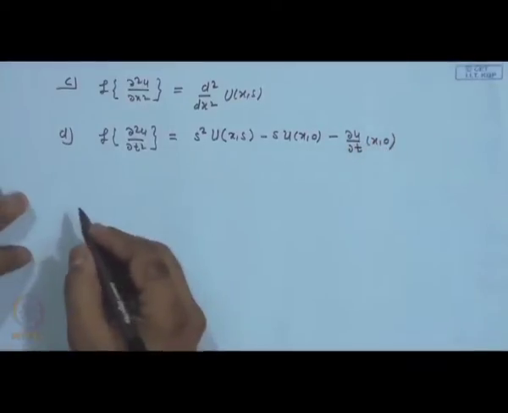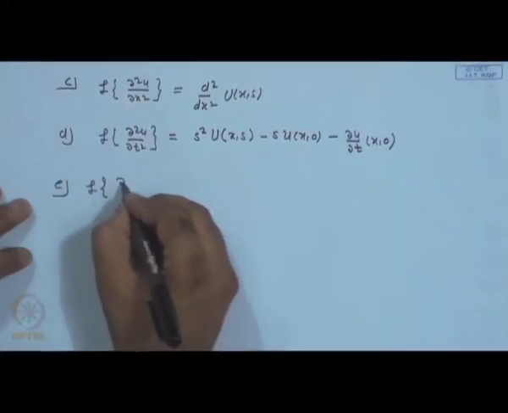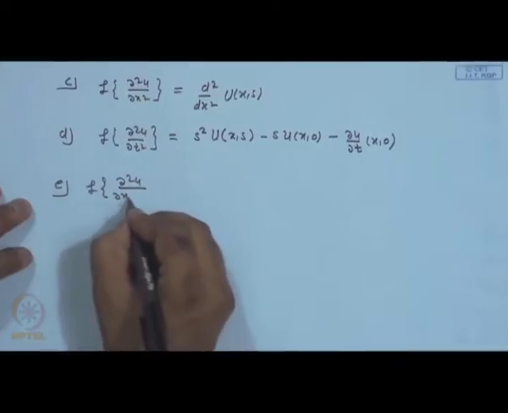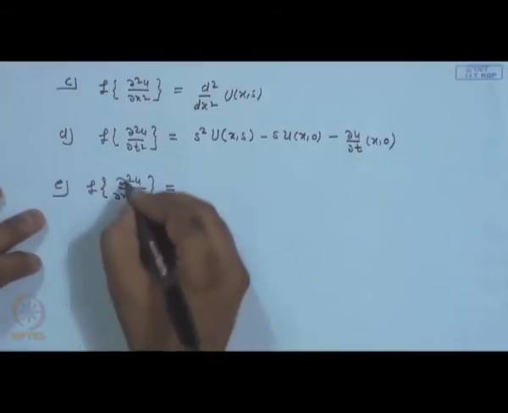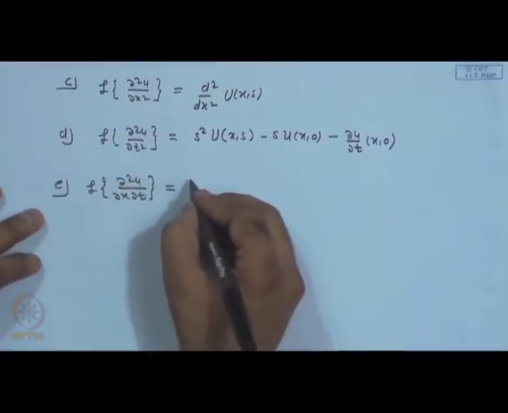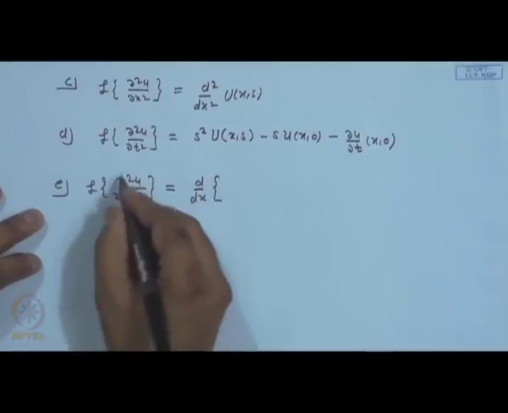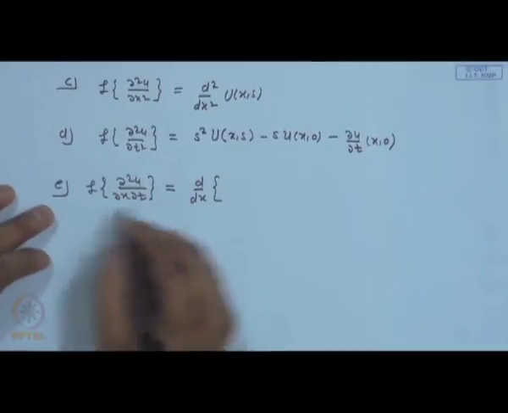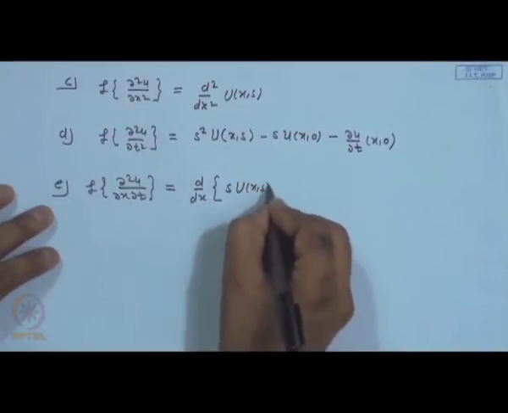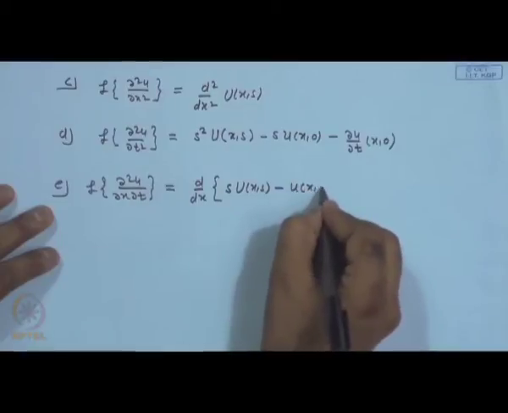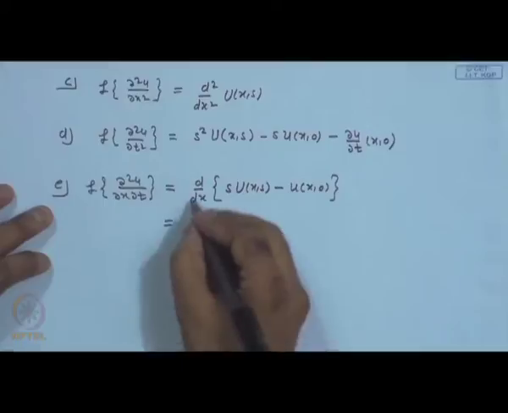So, this is for the second derivative, and now the Laplace of del 2 u over del x del t, the mixed derivative. For the x we will not touch it, so we keep d over dx as it is, and then the Laplace transform of del u over del t, which as per the definition is s u(x,s) minus u(x,0). Here s is constant with respect to x.